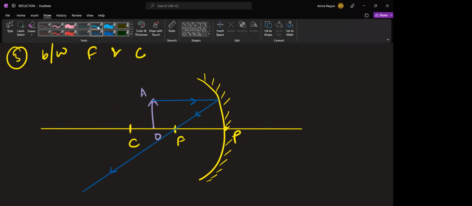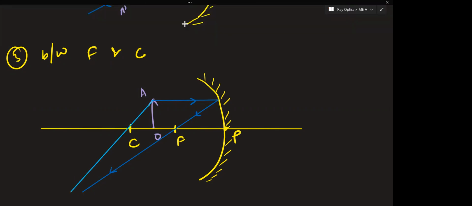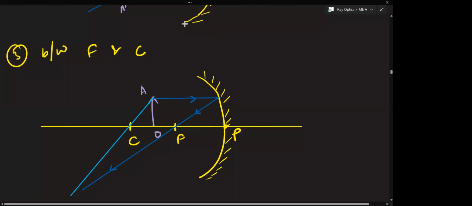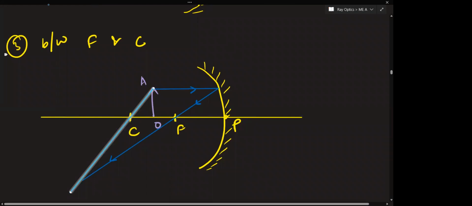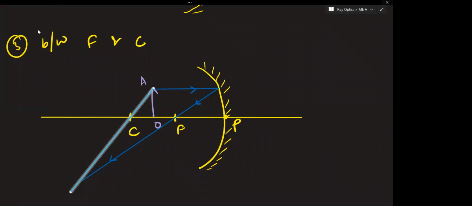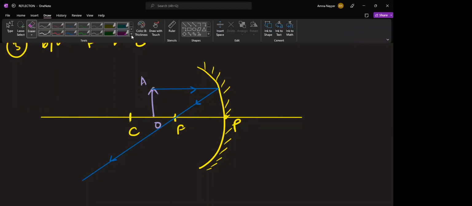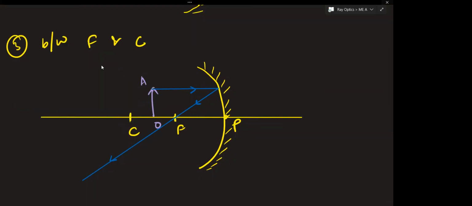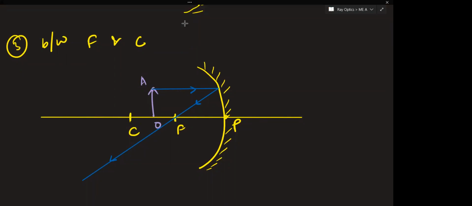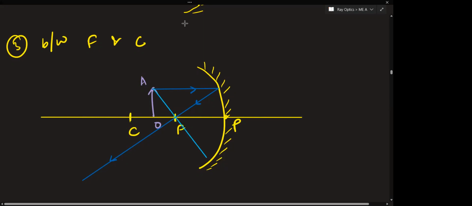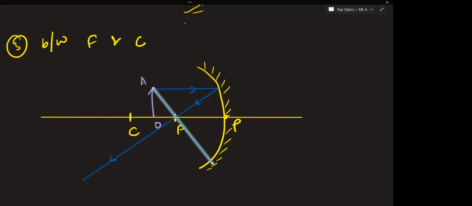What about the second ray? We have studied that the second ray passes through the center of curvature. Or instead of center of curvature, let's write it in terms of focal only. So pass this ray from the focus, because for the center of curvature you do not have a mirror.